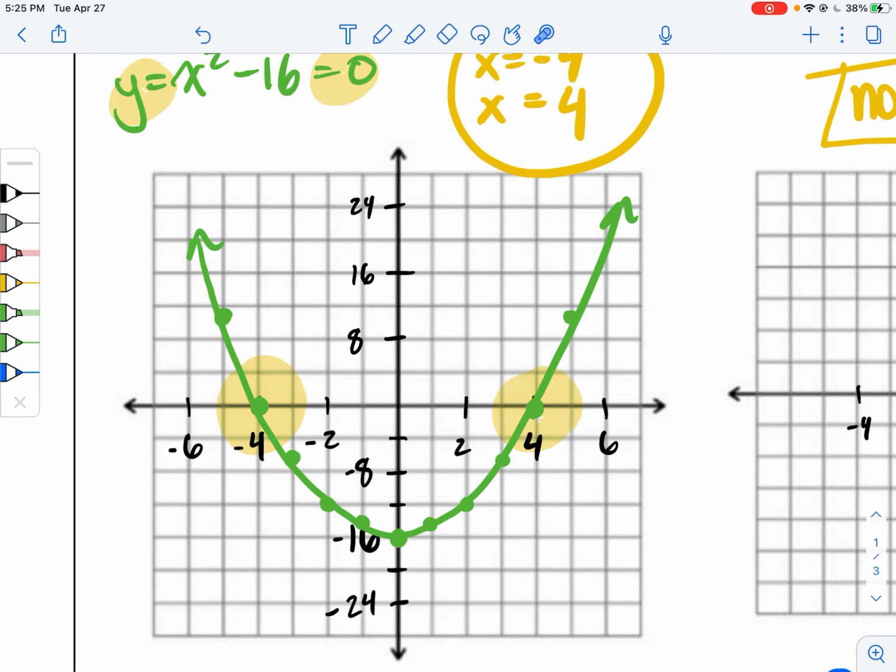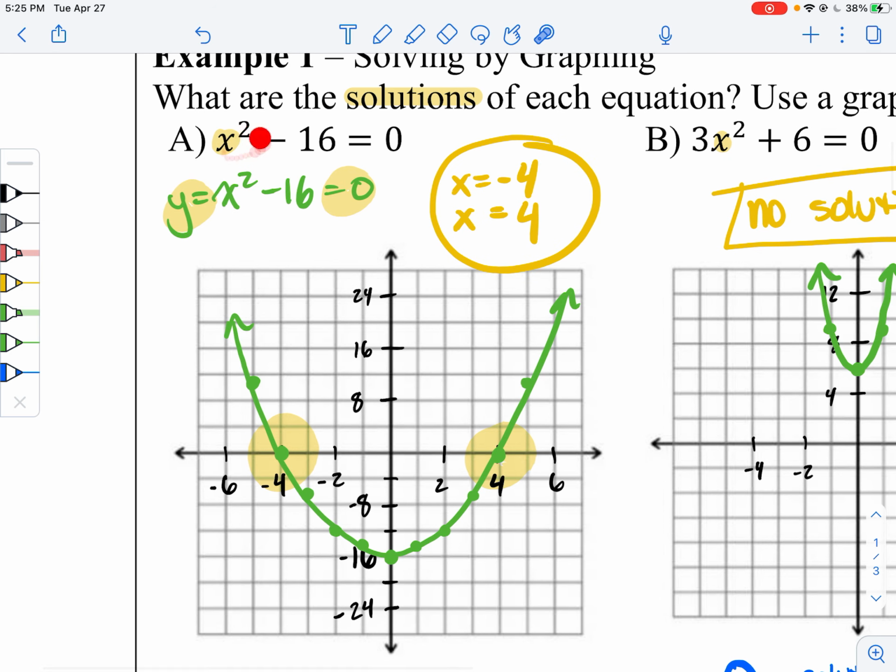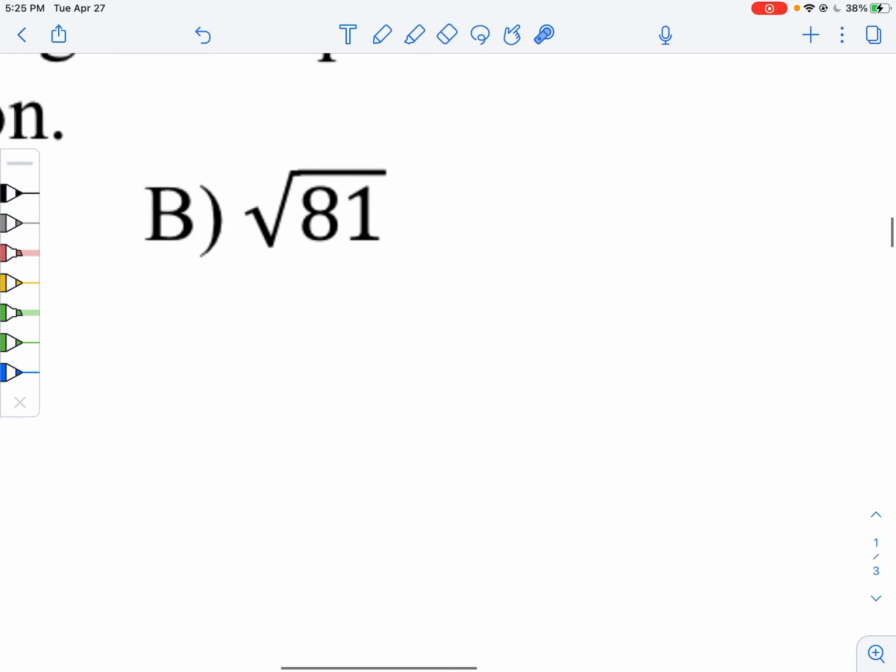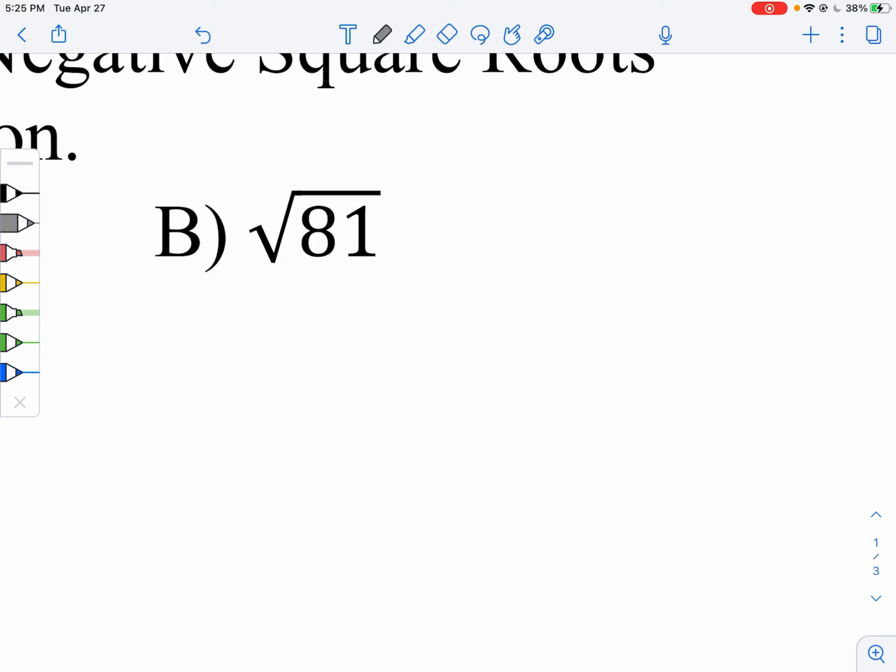It's just like here. What are the square roots of 16? The square roots of 16 are 4, yes, but also negative 4. That's why it has 2 solutions. Here, what are the square roots of 81?